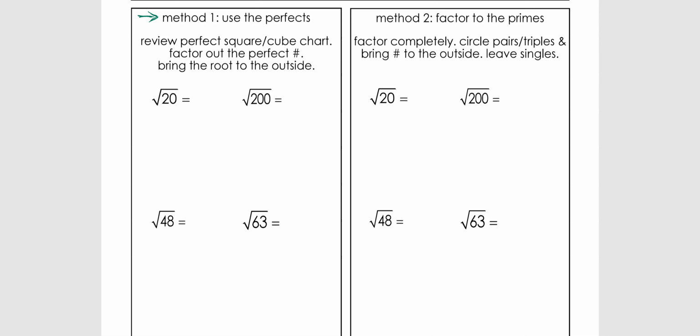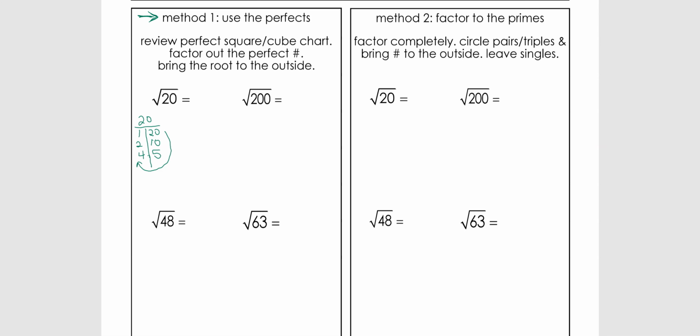So let's do square root of 20. Let's do our full factorization: 1 and 20, 2 and 10, 4 and 5. And so what we're going to do is find our perfect square. 20's not, 10's not, 5's not. So I go down and around.